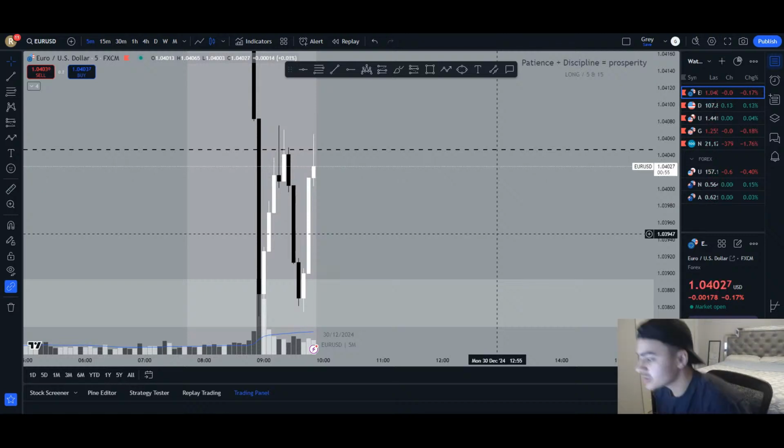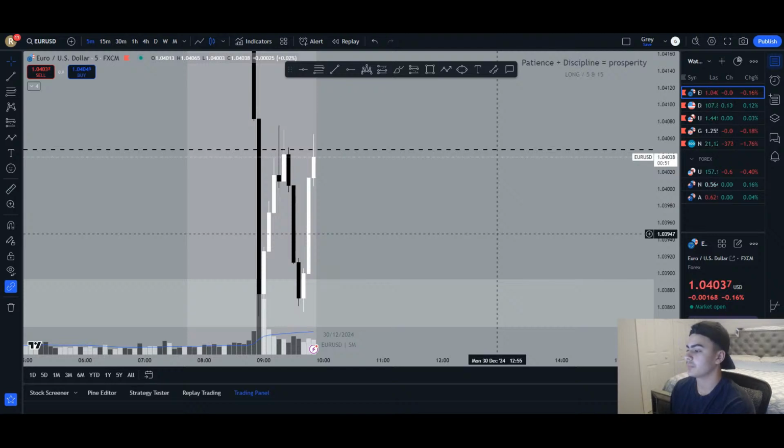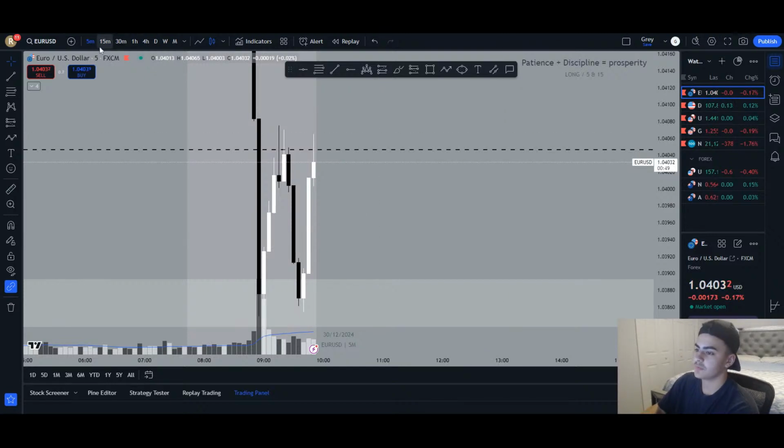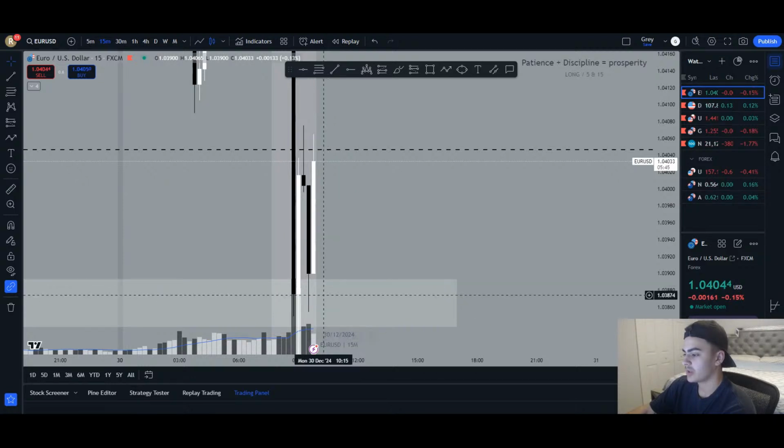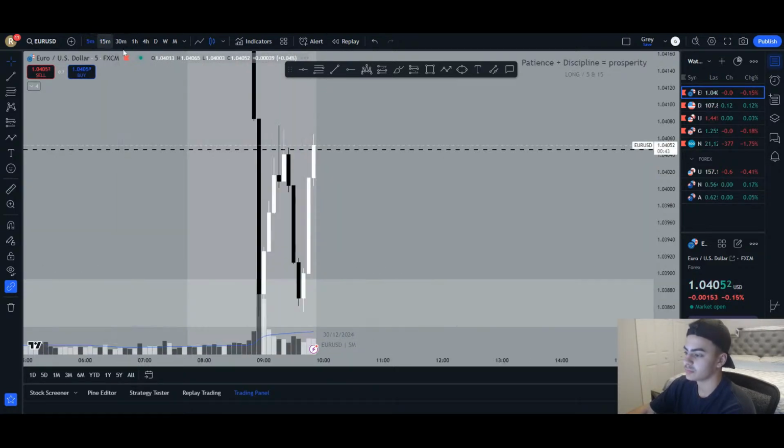If it closes bearish here, I might actually enter another trade. It's because on the 15 minutes, there's still 5 minutes left, and if it closes bearish, it could end up going down here, but we'll see.